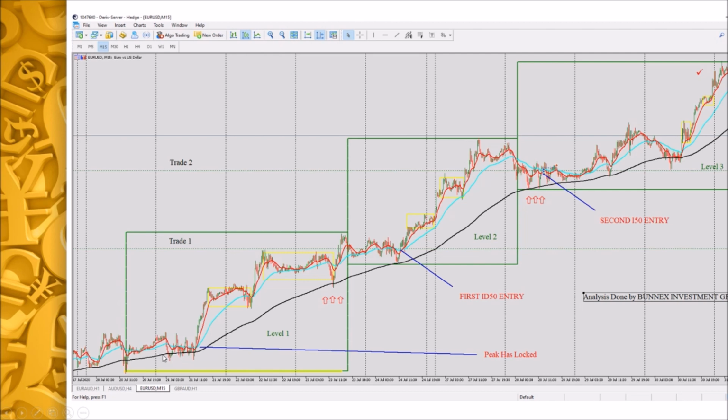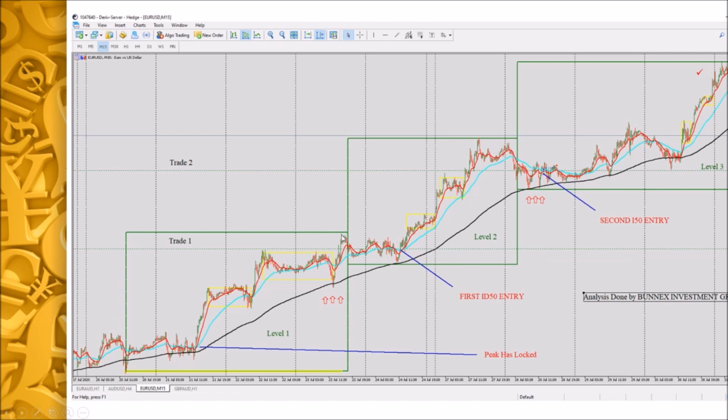That is the first thing that you have to do, because the ID 50 is taken on initiation of level 2 and level 3. So this was level 1 in green, then level 2, level 3. I actually segmented it in the M15 time frame so that you can see that the level is actually complete.